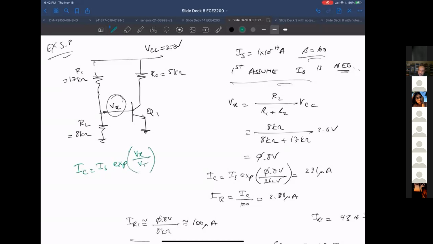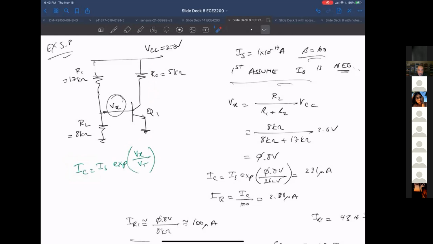So small changes in V sub X from part to part, from product to product, are going to have really drastic consequences for I sub C. Because of this exponential, a small change here could have a drastic consequence, and that means a big change in the gain, because I sub C is varying quite a bit.